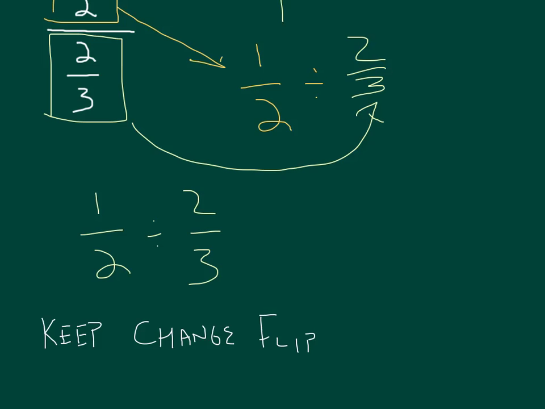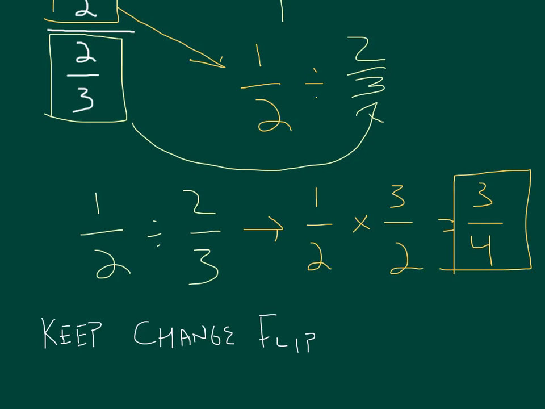I keep my first fraction, change my division sign to multiplication, and flip the second fraction. So this becomes 1/2 times 3/2. Now I multiply: 1 times 3 is 3, 2 times 2 is 4, so my answer is 3/4.